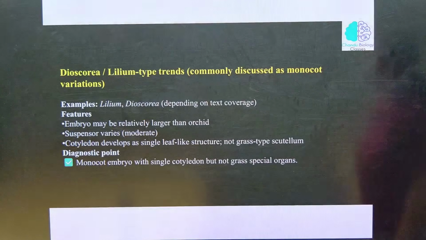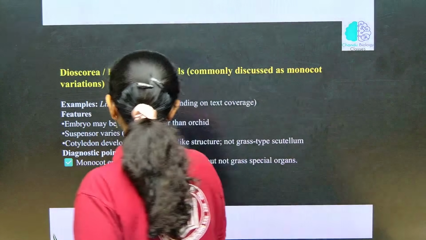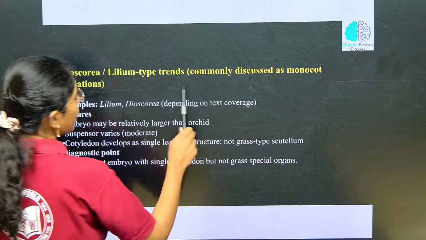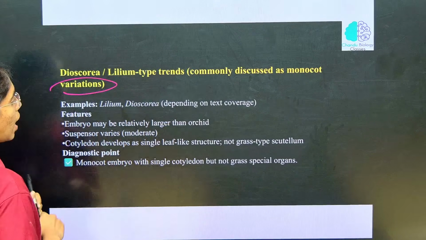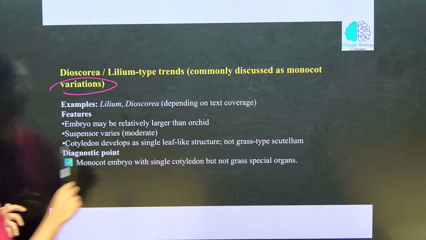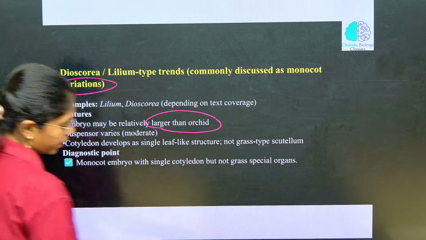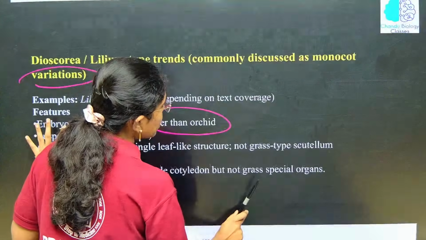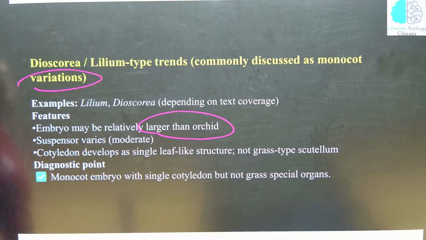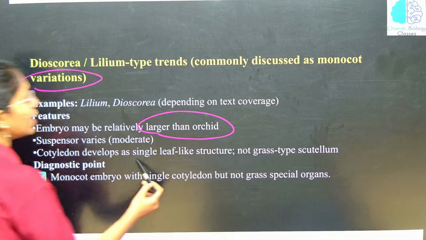Yeah. Next is the Dioscorea Lilium type. Lilium type is commonly discussed in monocot variations, observed in Lilium and Dioscorea, where the embryo may be relatively larger than orchid. Embryo is larger than orchid size, suspensor varies and cotyledon develops into a leaf-like structure.